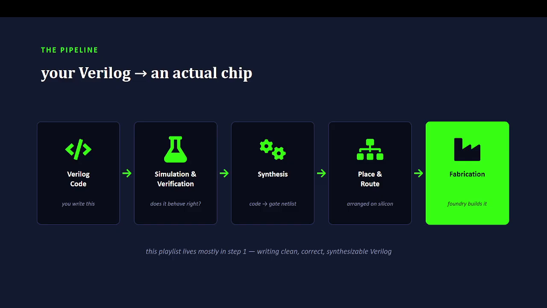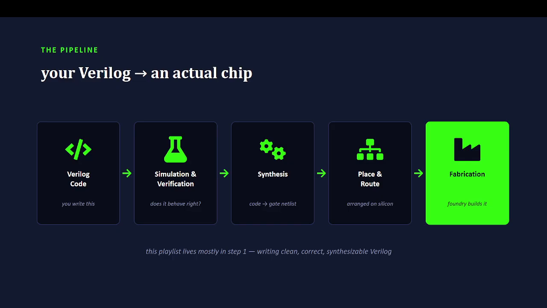Place and route arranges those gates physically on the silicon. And then a foundry manufactures the real chip. It's basically the difference between writing a song on paper versus it actually playing on the radio. Every unit in this playlist is you getting better at the first step, writing clean code that survives the whole pipeline.